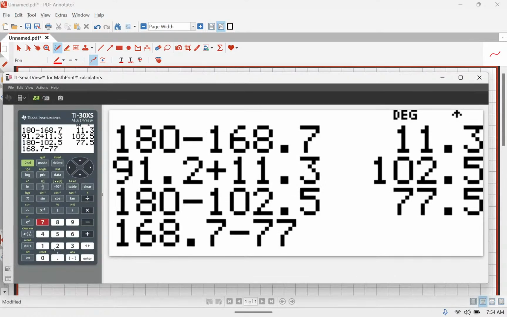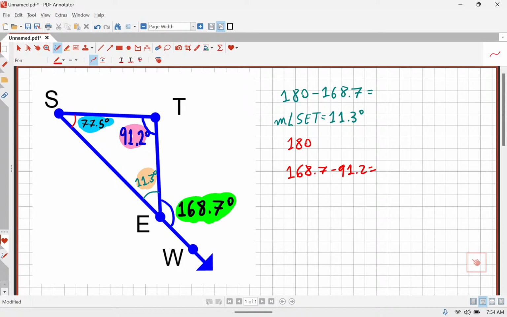How many of us have that exact same feeling? I totally get why, because it's way easier to conceptualize that these two added together make 180, and that these three added together make 180. But sometimes we're forced to deal with the fact that the blue angle and the pink angle combine to make the green angle, like we're going to be today.